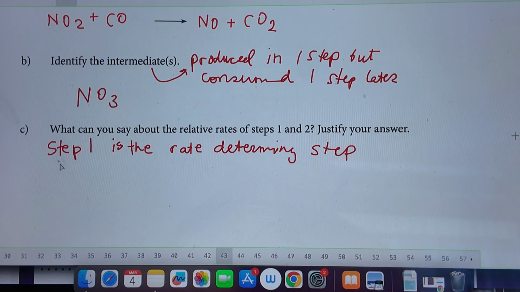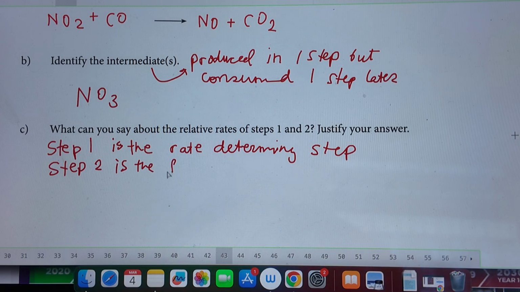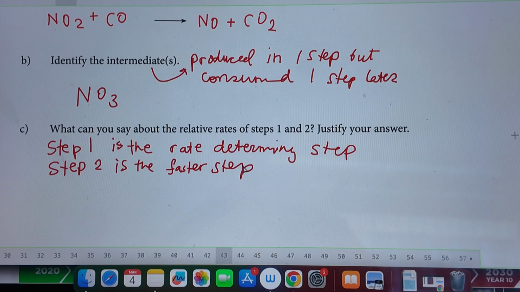And step 2 is the faster step, right? Because of the rate law.